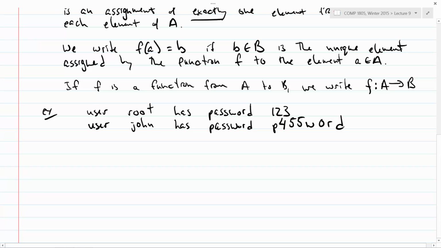Who has that same password on their luggage? And then let's say we also have a user guest. So user guest has password hello. Okay? So we could come up with this function called the password function.